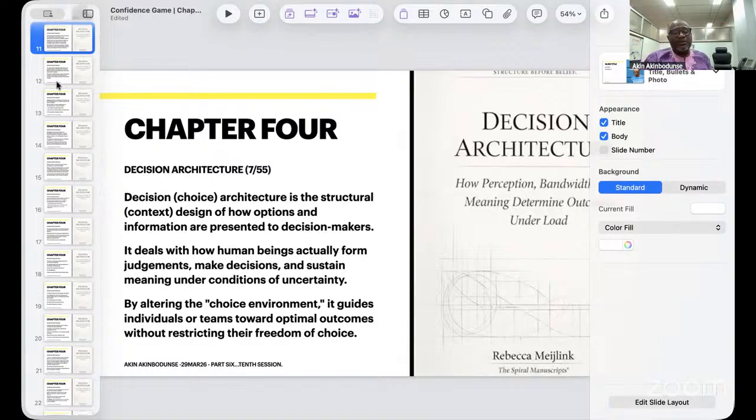It deals with how human beings actually form judgments, make decisions, and sustain meaning under conditions of uncertainty, right? So, if we're certain that we'll make the right decision, say you're trying to make a decision for a life partner, if you can see the future, it's easy, but typically it's in a place of uncertainty.